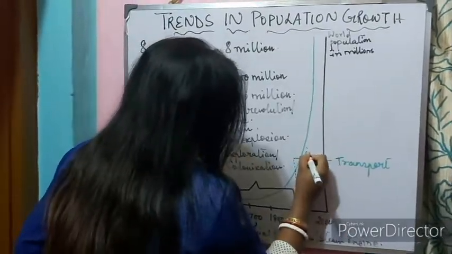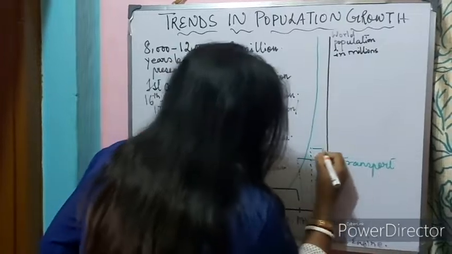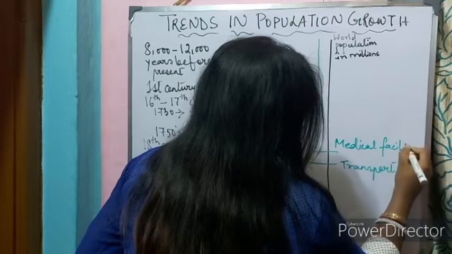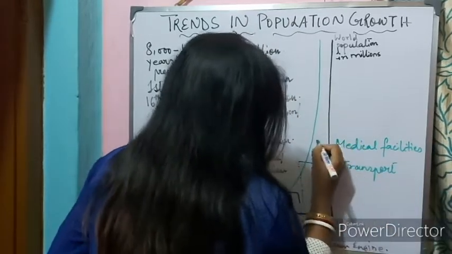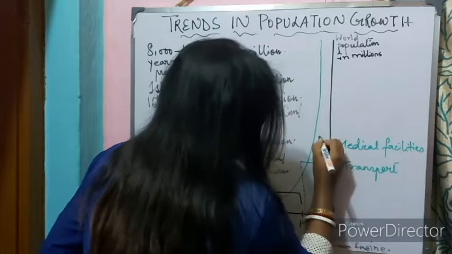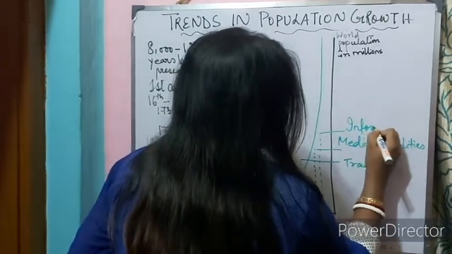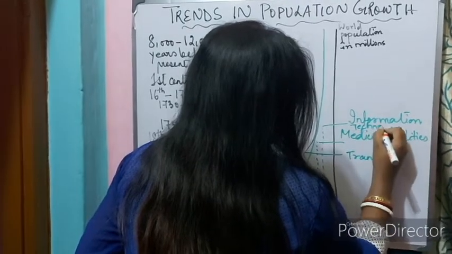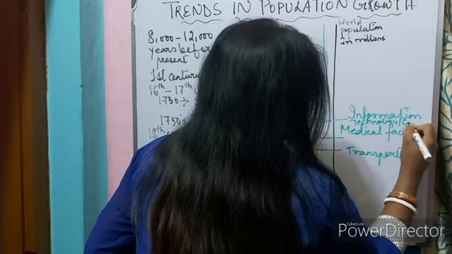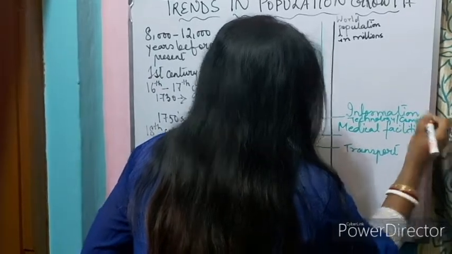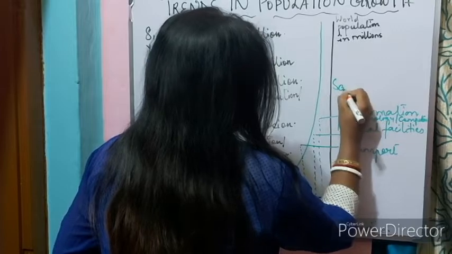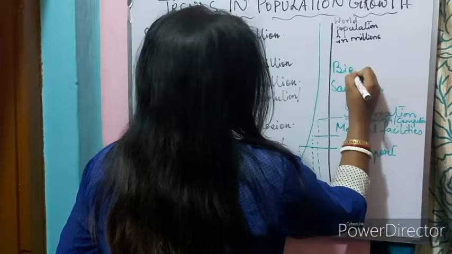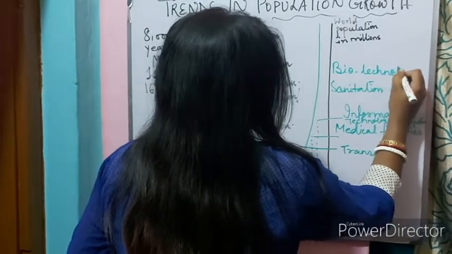We can also see that medical facilities developed. Information technology developed, with the coming up of computers. Sanitation improved. Biotechnology was introduced.